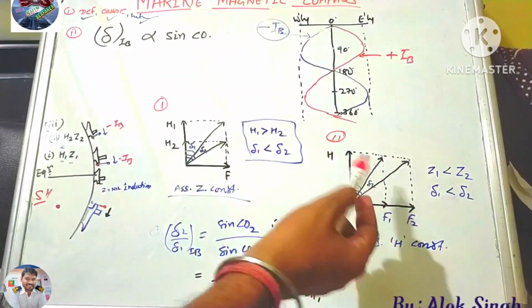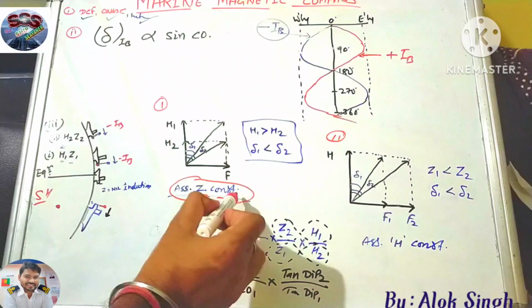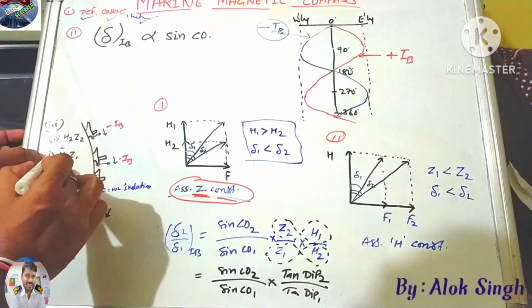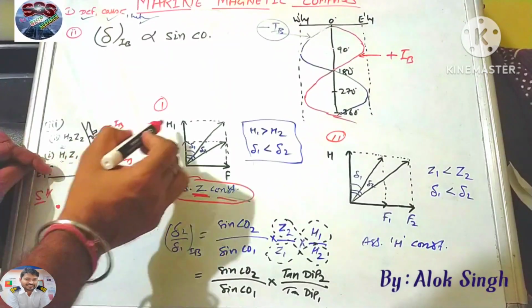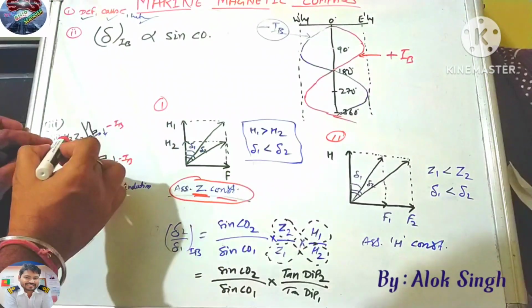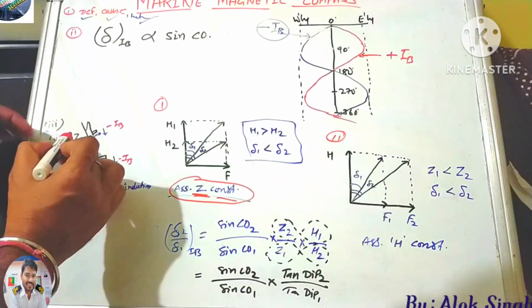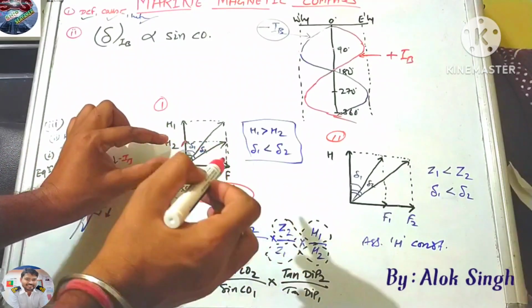That's why I have taken two cases. In the first one I have assumed Z is constant, meaning the vertical force is constant. Now you see at position H1 the value of H is higher because it is near the equator. And at H2, because you are going towards the pole, H is reducing, so I have marked it as a smaller force.